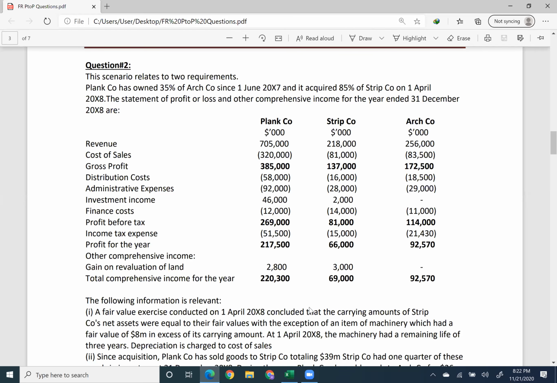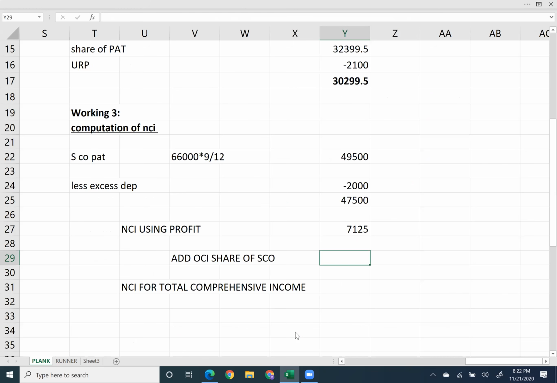And this OCI purely relates to the last 9 months, so no need to apportion it. Directly 3000 times NCI holding percentage, which is 15%.